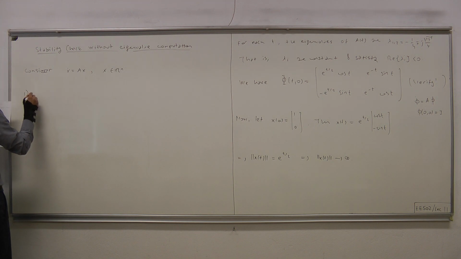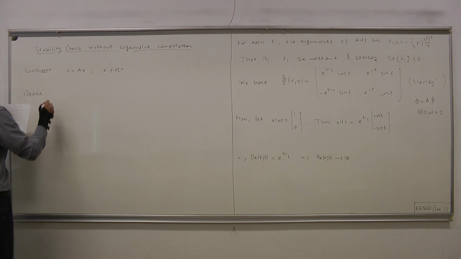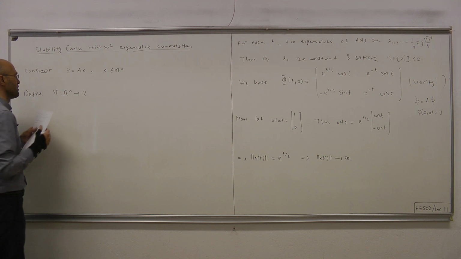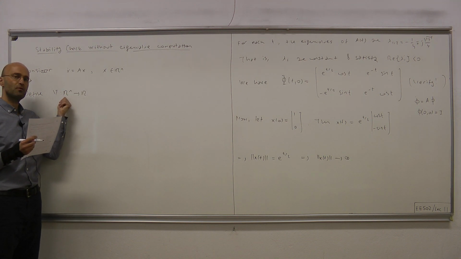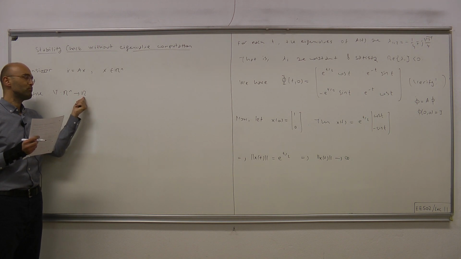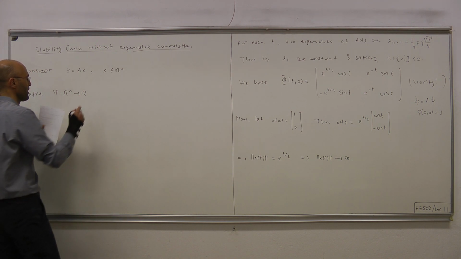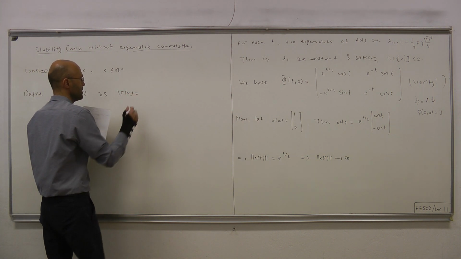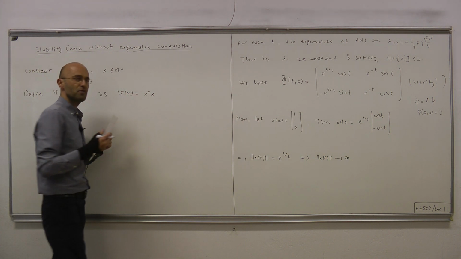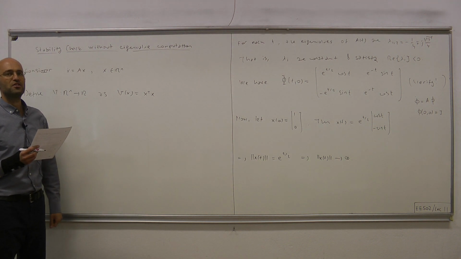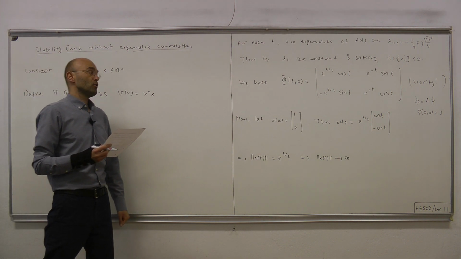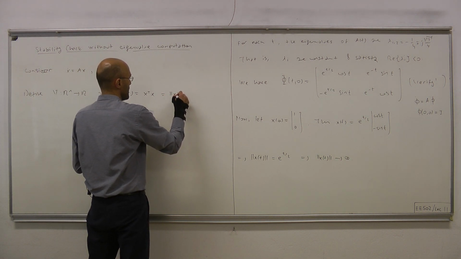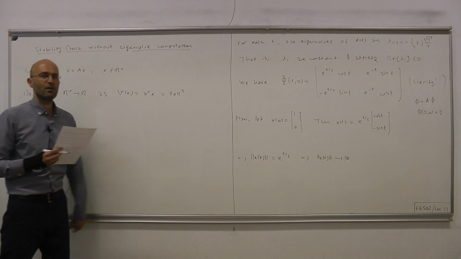For this system, define the following function from R^n to R. This function takes vectors from R^n and produces real numbers. In particular, suppose that our function is x transpose x. Simply, this is the Euclidean norm squared.